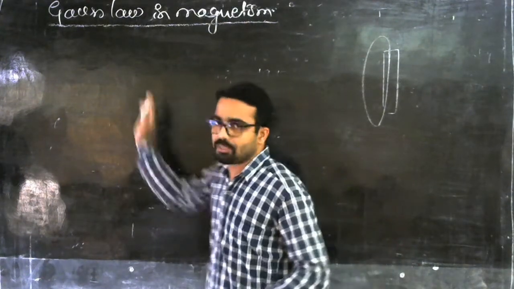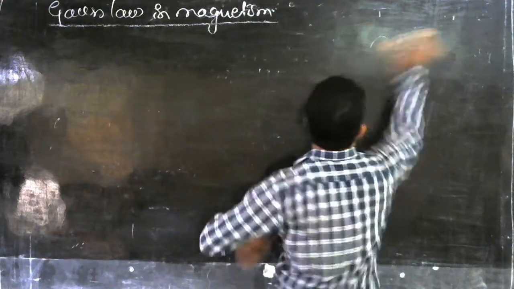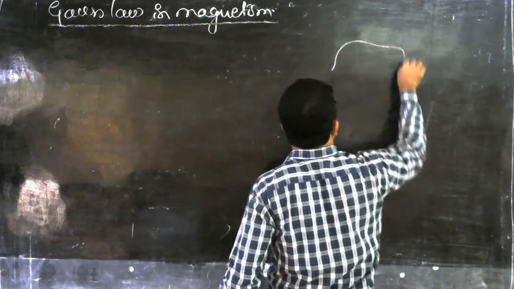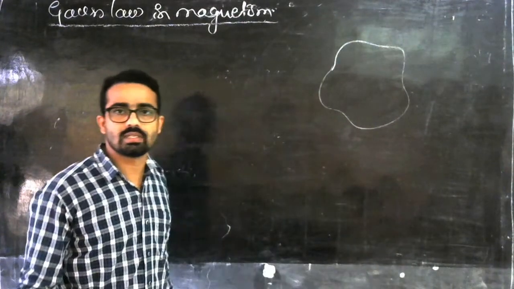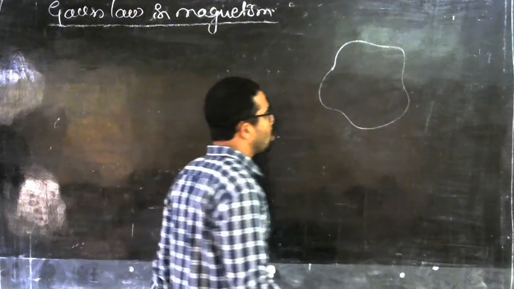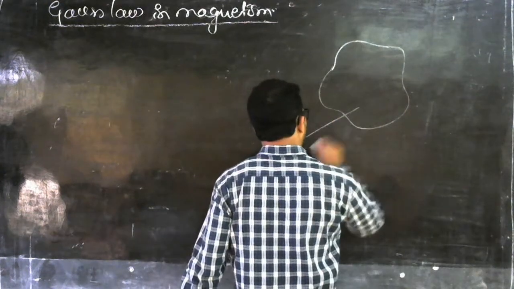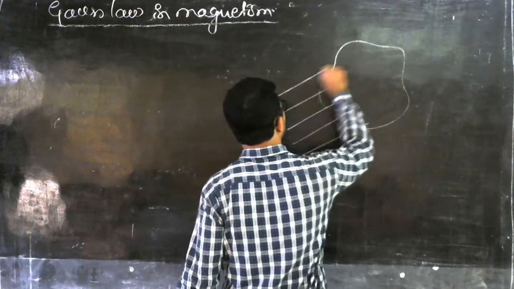To explain this, let me take a closed surface. Let me say this is a closed surface. There are no openings. Through this surface, a number of magnetic field lines are passing.